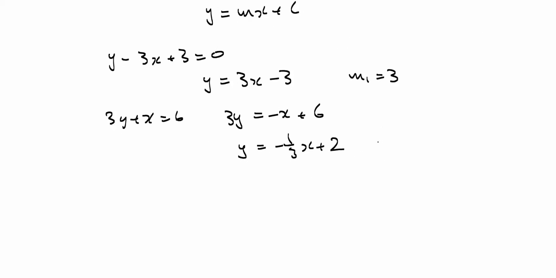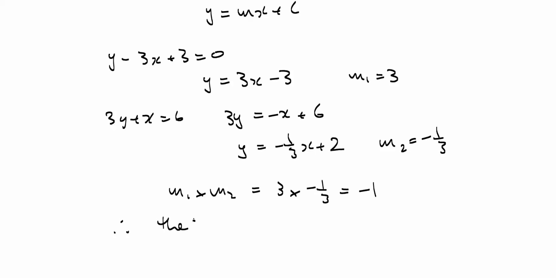And so the gradient of this line, we'll call it m2, is minus a third. Then if we multiply m1 by m2, we get 3 times minus a third, which is minus 1. Therefore, the lines are perpendicular.